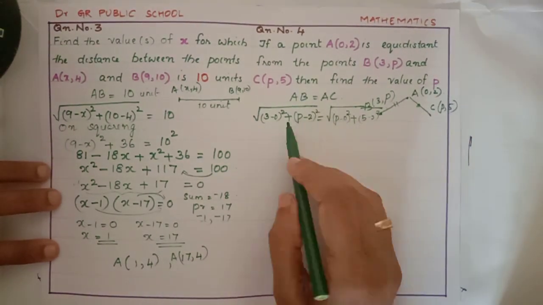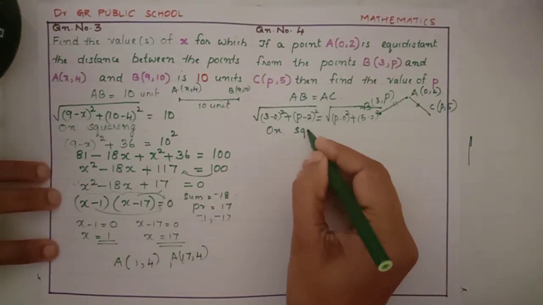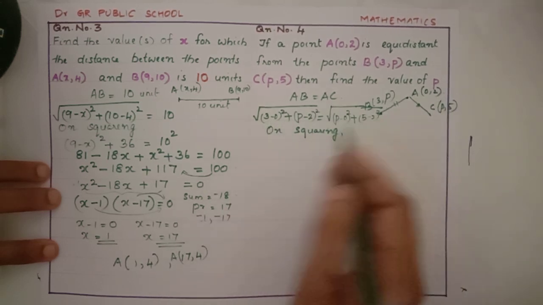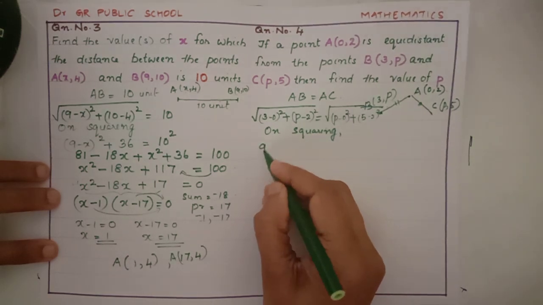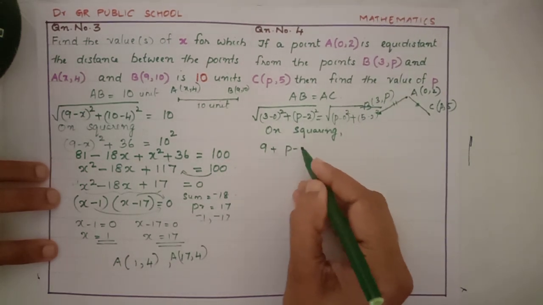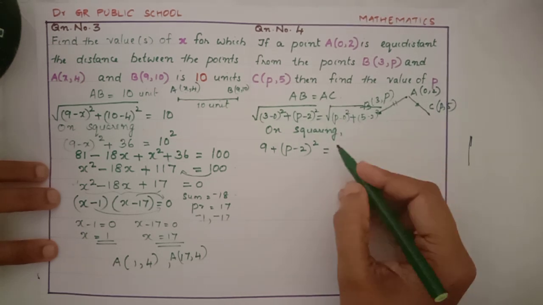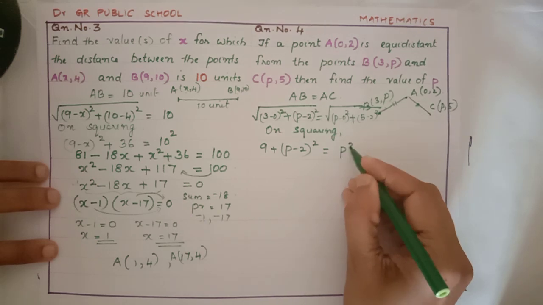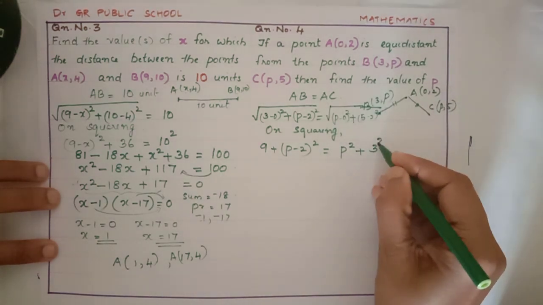Now we have to square on both sides. So on squaring, what will we get? The square root will vanish. 3 minus 0 is 3, 3 square is 9, plus (p minus 2) the whole square, equal to, here also the square root will vanish, p minus 0, p square, plus 5 minus 2 is 3 square.